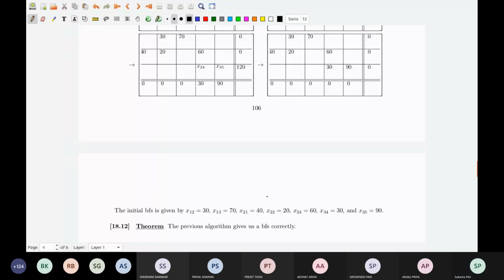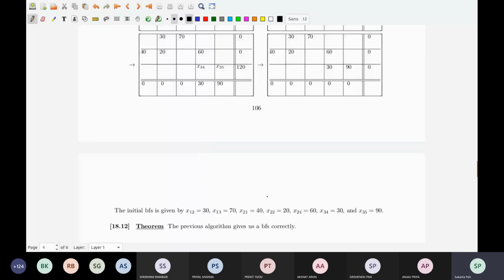Okay, and at every step, the value of the variable that you are selecting is the minimum of the modified a_i and b_j, and they are always greater than or equal to 0. So the values of the selected variables are also greater than or equal to 0. What about the non-basic variables? Non-basic variables are anyway equal to 0.